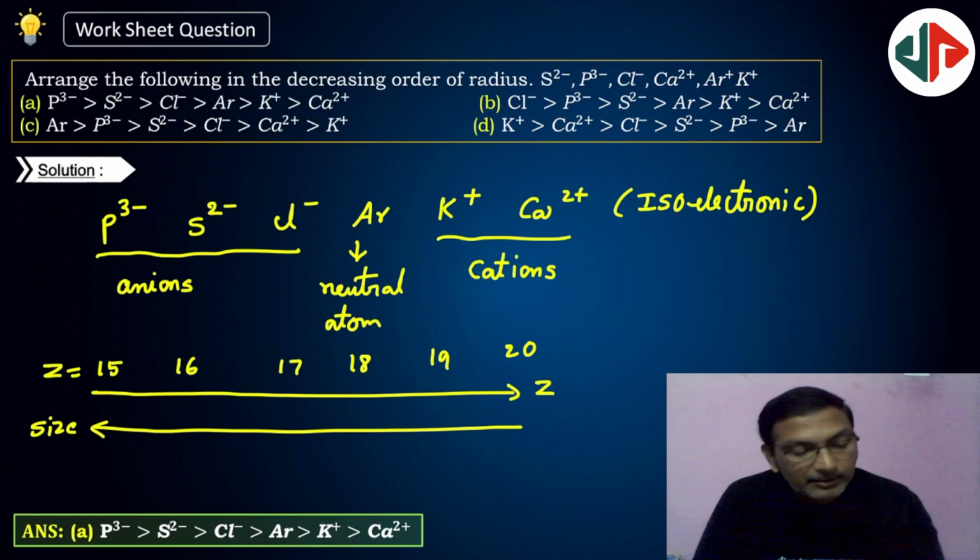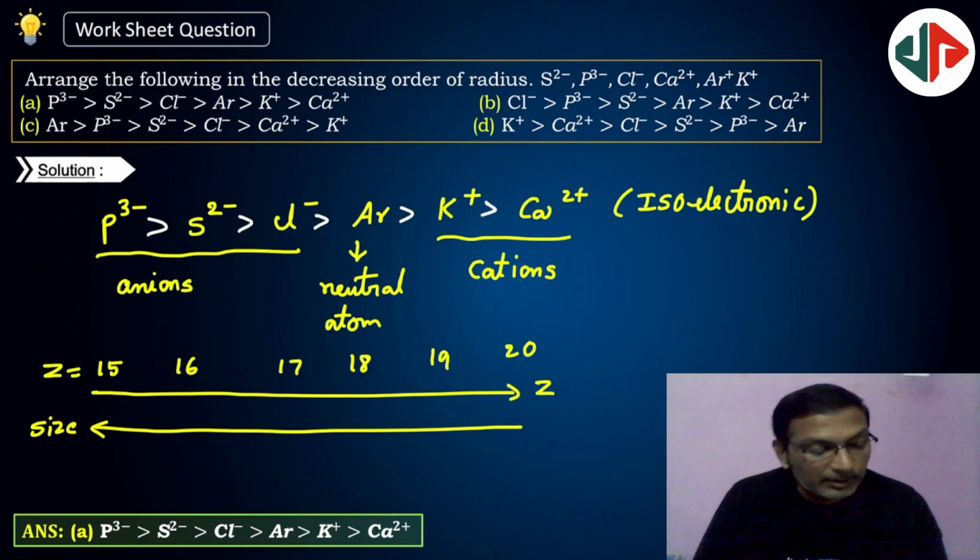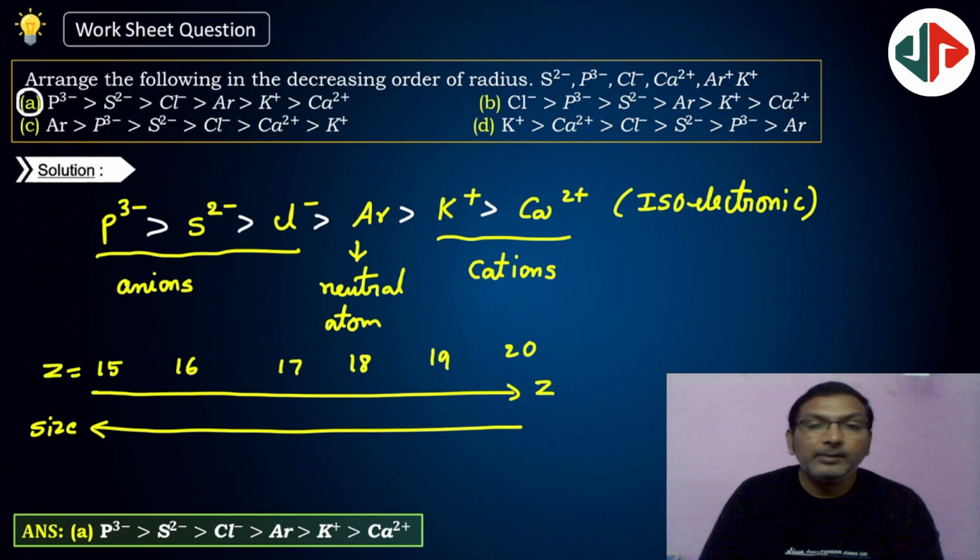Therefore size order: P3 minus highest, next S2 minus, Cl minus, argon, K plus and Ca2 plus. Therefore option A. This is also important.